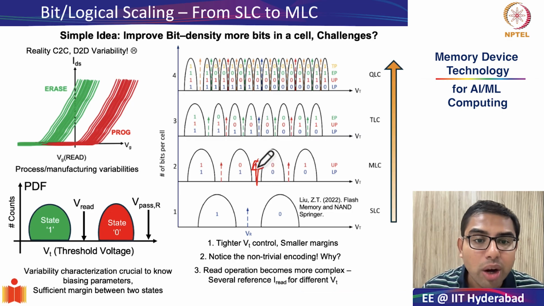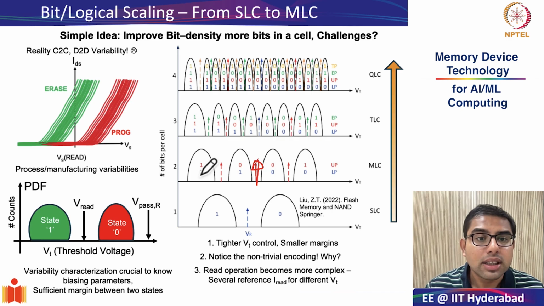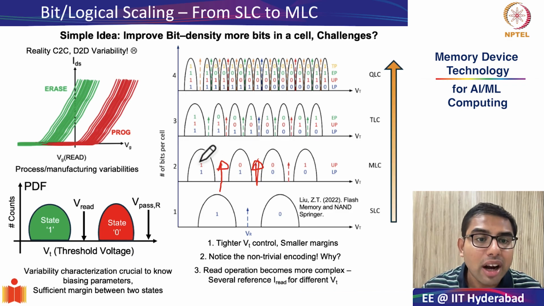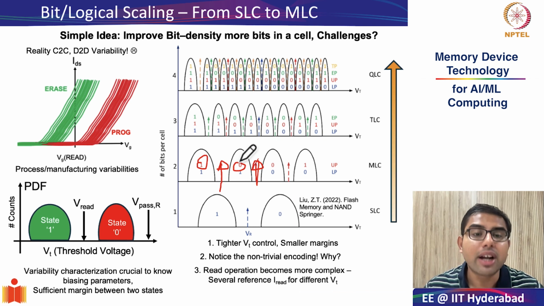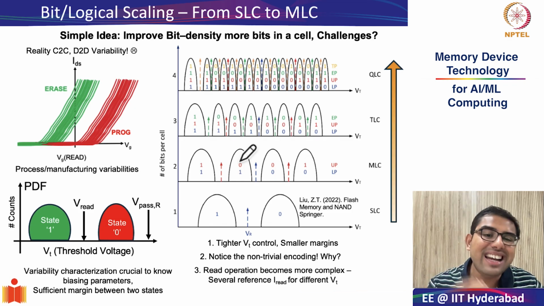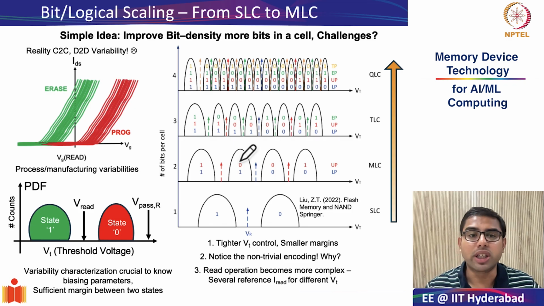Once you have figured out whether the least significant bit is 1, you go to the next threshold voltage and figure out whether the most significant bit is 1 or 0. So this happens in the form of a binary tree search, and therefore the read operation from the peripheral circuitry becomes very complex, because now there are several read currents for different threshold voltages.